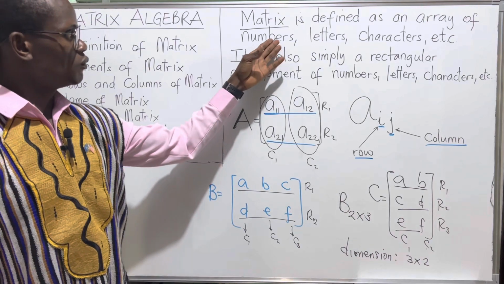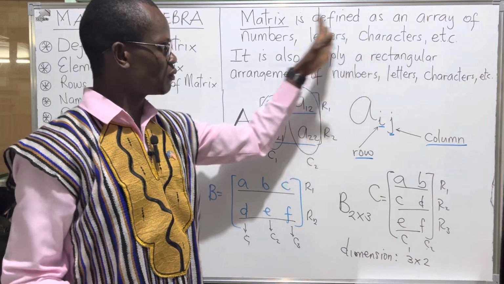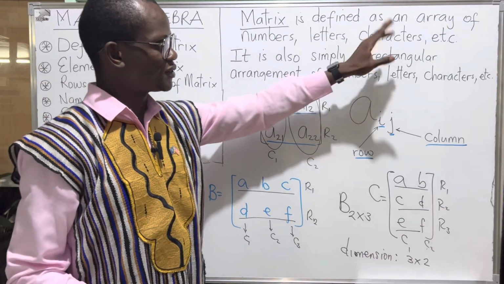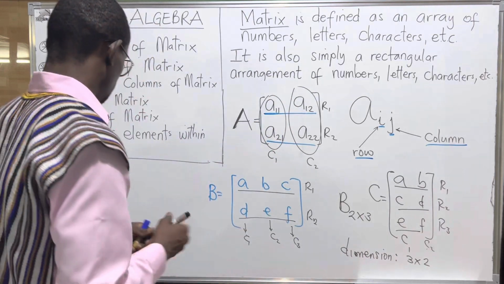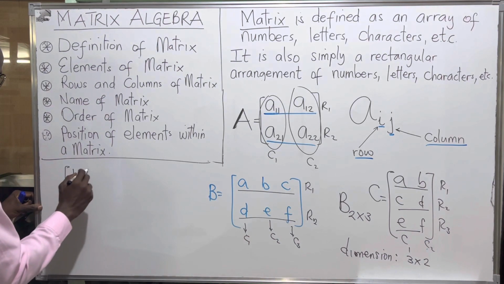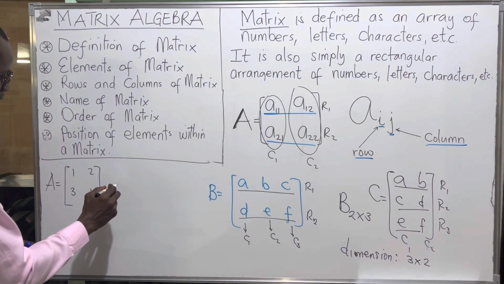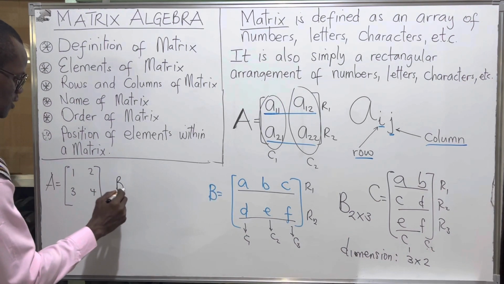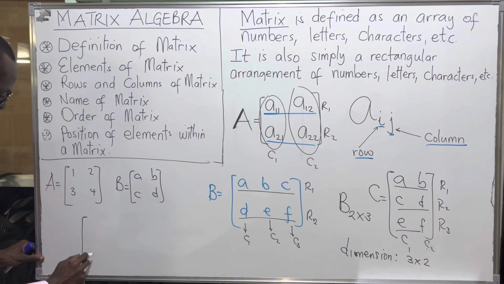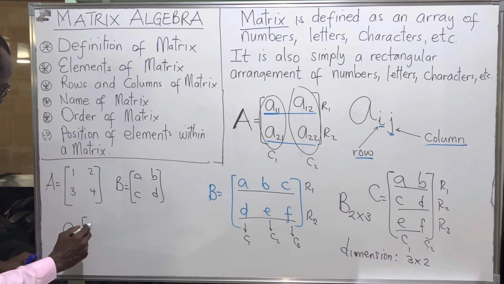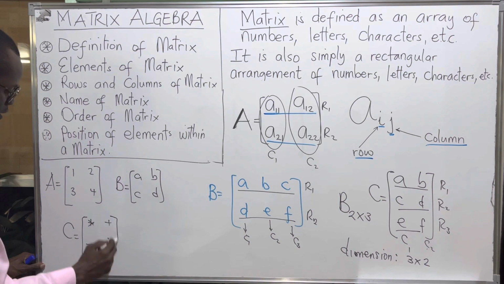Now, we said a matrix is an array of numbers, letters, characters. When we say numbers, letters, characters, and so forth, we mean that the elements of a matrix can be numbers, like 1, 2, 3, 4, for example in matrix A. You could also have letters, like we have in matrix B, A, B, C, D. You could also have characters, like in matrix C: times, plus, minus, divide, and so forth.